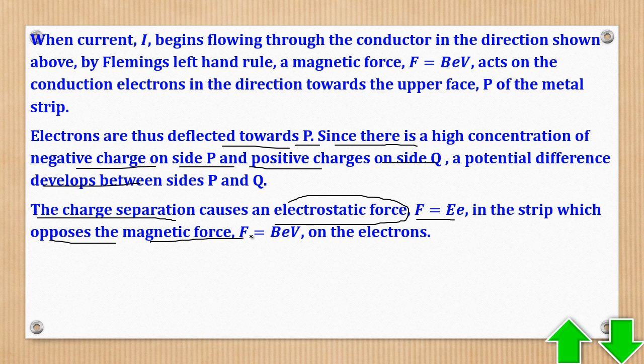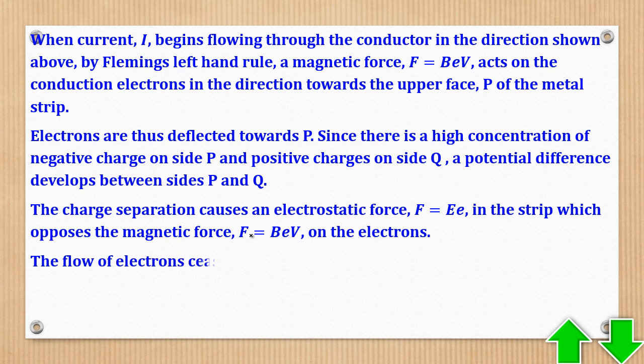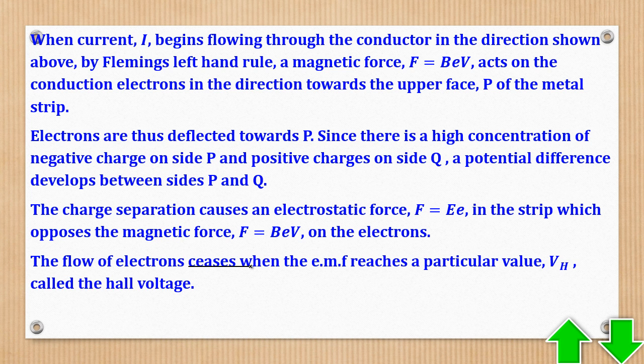I think you saw that in the illustration. The flow of electrons ceases when the EMF reaches a particular value VH, and that is called the Hall voltage.